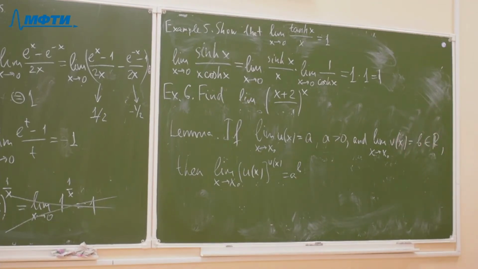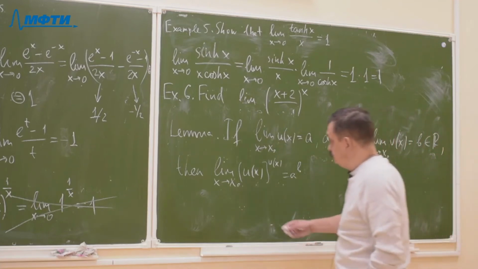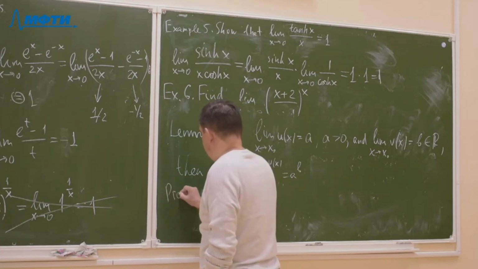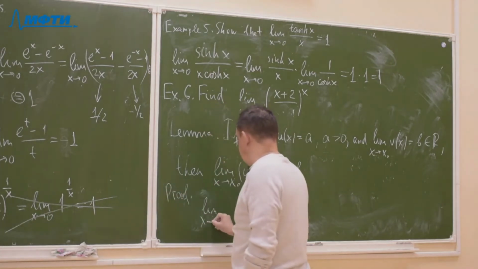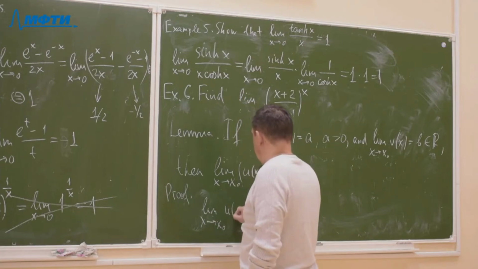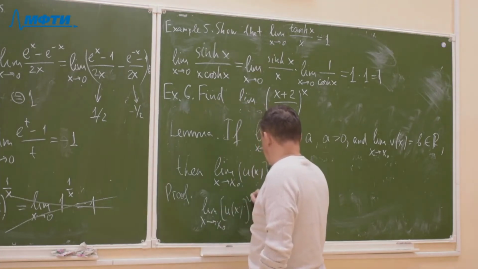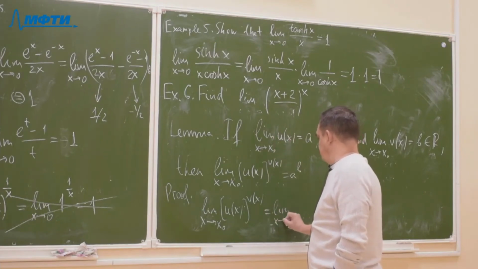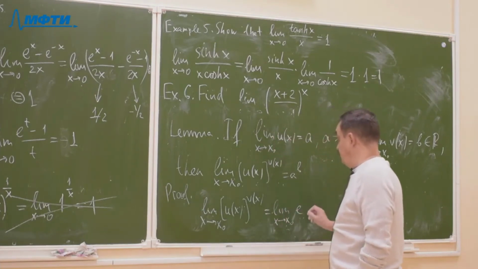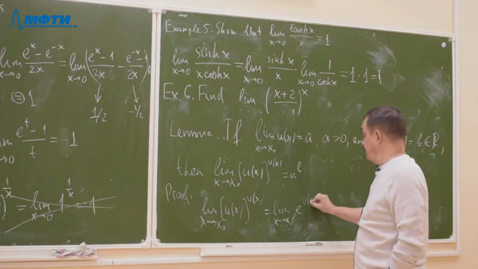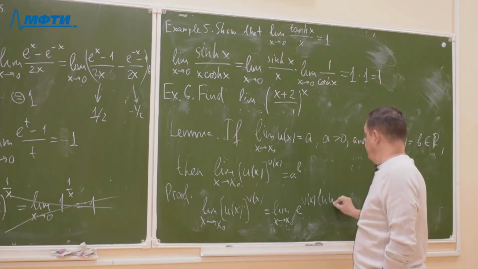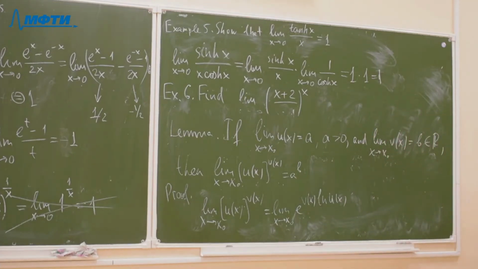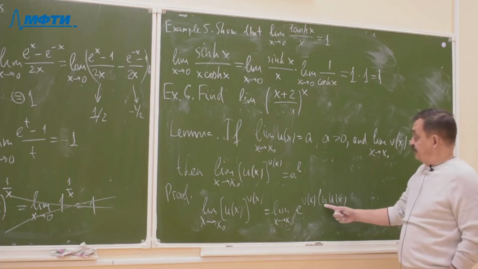For example, now we can compute the limit, so the proof. The limit as x tends to x naught of u of x power v of x, we can rewrite as the limit as x tends to x naught of e to the power v of x times the logarithm of u of x.